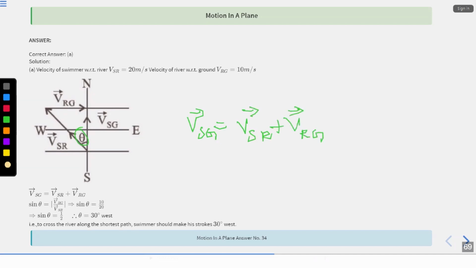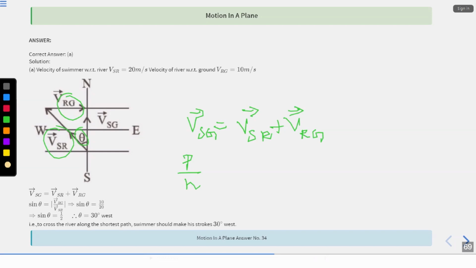And similarly, sine theta, what do we know? Sine theta is perpendicular by hypotenuse, right? So this is the perpendicular, this is the hypotenuse, so you'll get it as VRG by VSR.